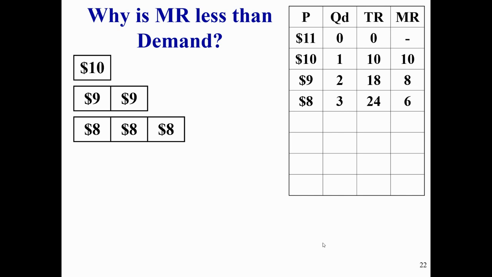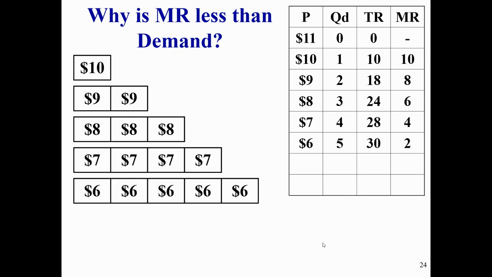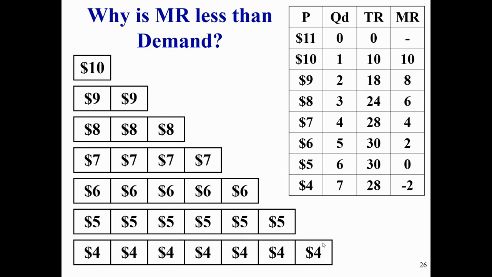Then if I lower the price a little bit more, to 8, they can sell 3. The total revenue would be 8 times 3, 24. And the marginal revenue would be 24 minus 18, so marginal revenue for the third item would be 6. If I follow the same structure for these prices, look at what happens here.